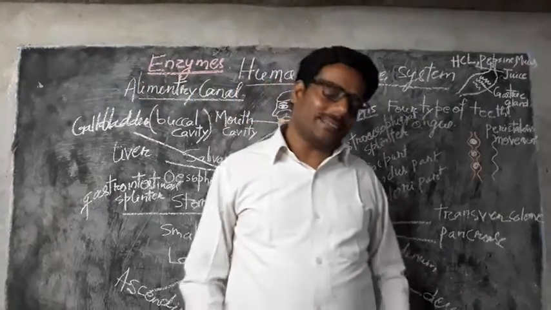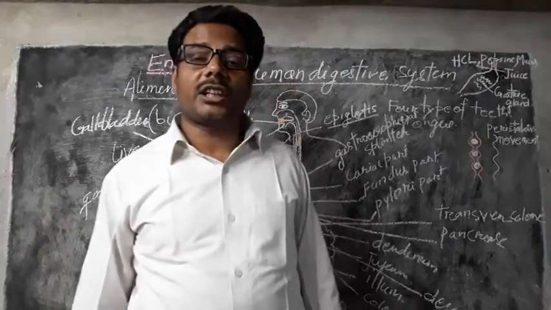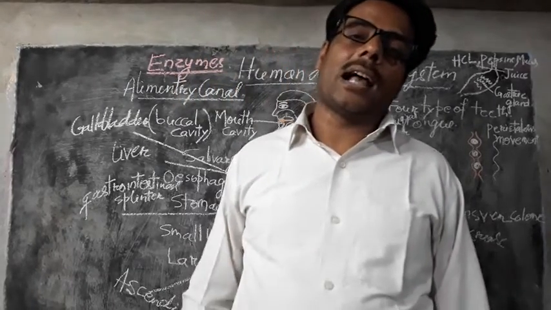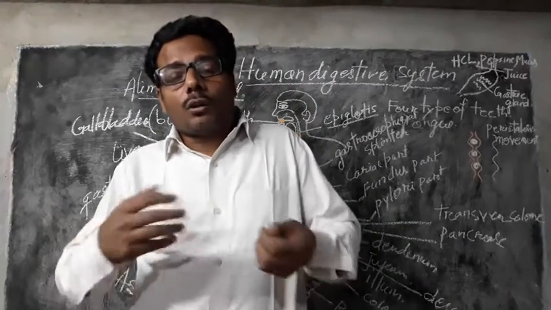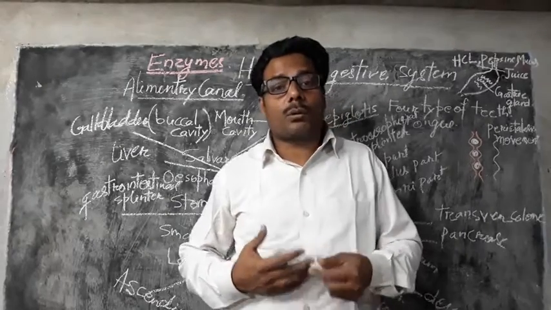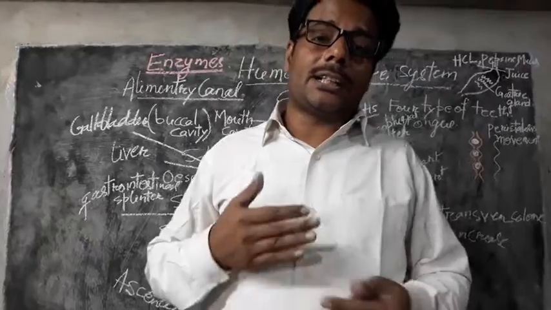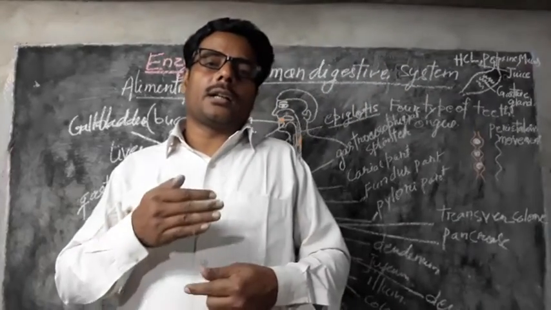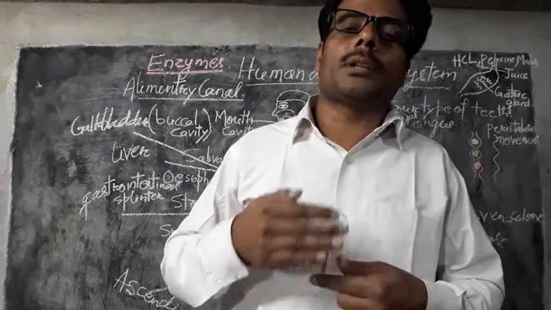We know that acids are corrosive in nature and sour in taste, but in our body acid is being secreted automatically. Hydrochloric acid, which is a strong acid, does not cause erosion of the inner surface of the stomach.